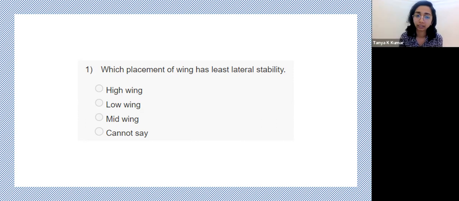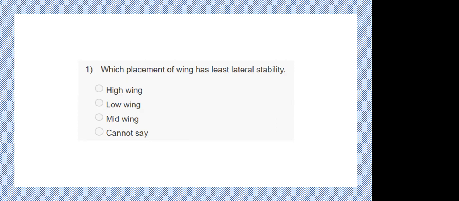Okay, someone who said low wing, why did you say low wing? Can you try to explain? Because, ma'am, if no dihedral or anhedral angle is given and it is subjected to any lateral wind gust, then one wing stalls more than the other, on opposite sides of the gust direction.